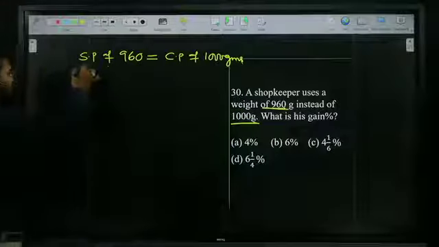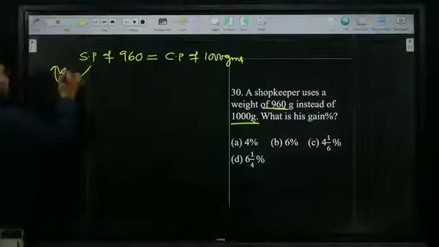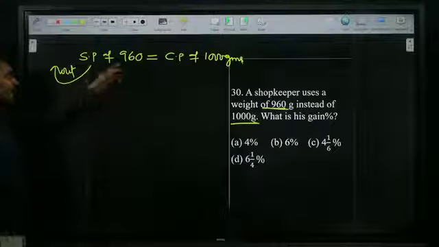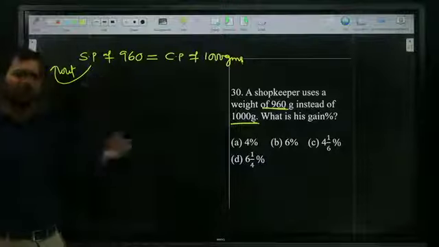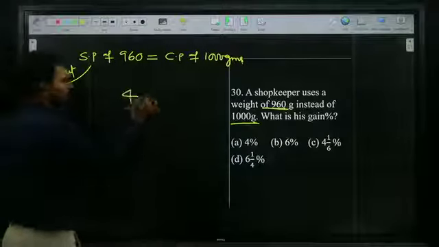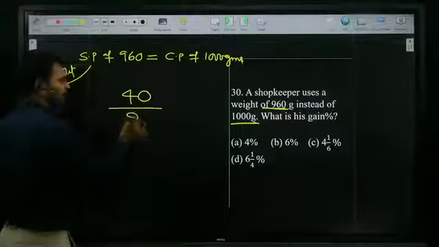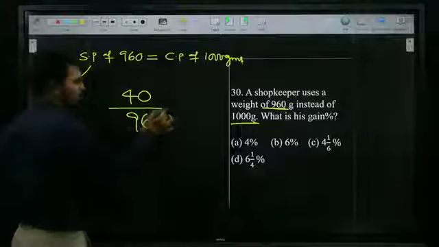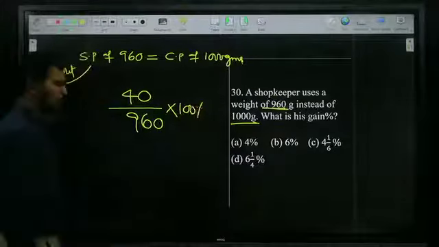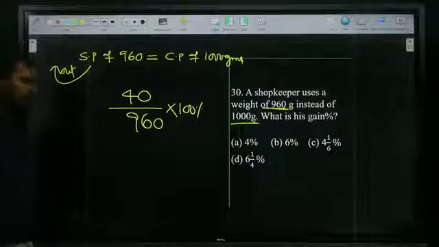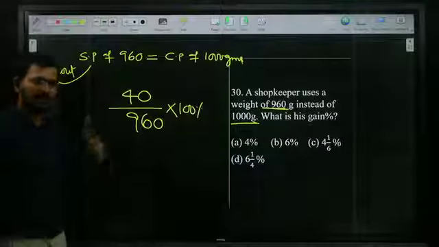After selling 960 to the customer, the shop owner gained how many grams? 40 grams profit for every 960 sold. So 40 by 960 into 100. All of you clear?